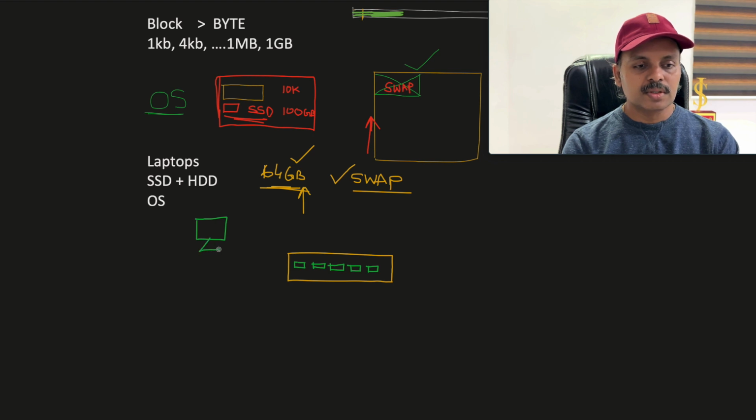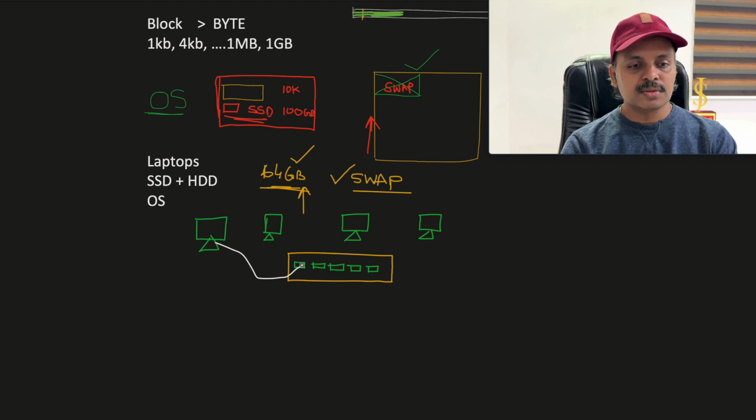This is your computer 1, computer 2, and so on. And we talked about how in the network, the devices are identified with their IP address. IP addresses are basically host names. So this machine is connected to this port, this machine to this port, and so on.